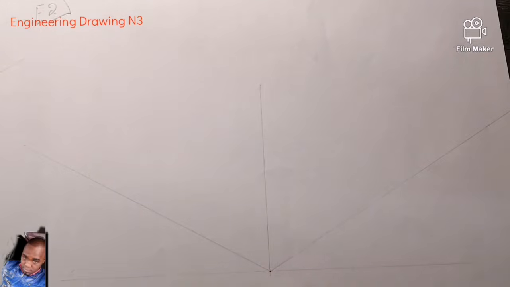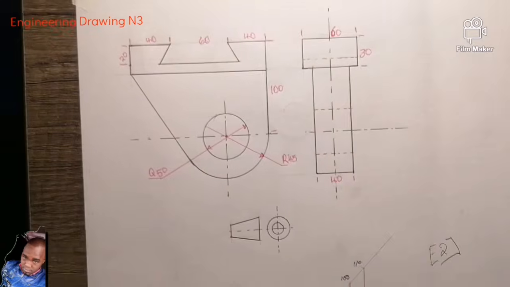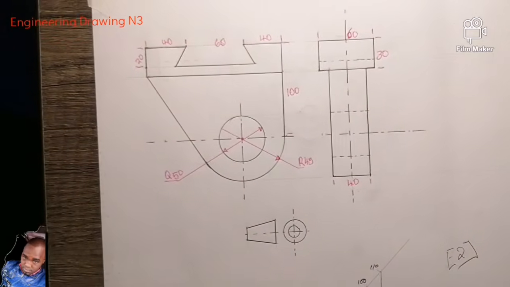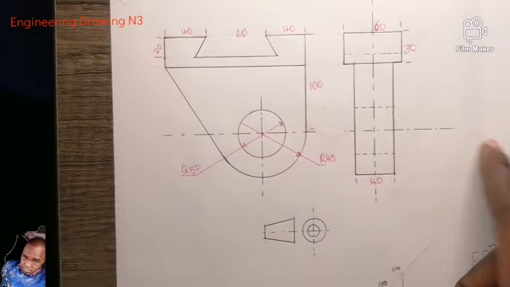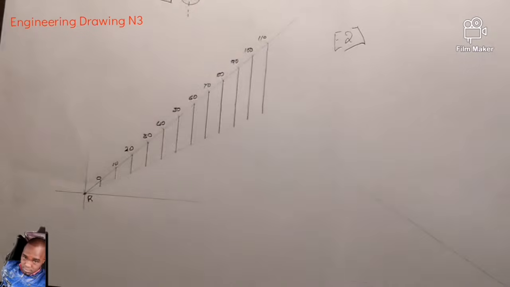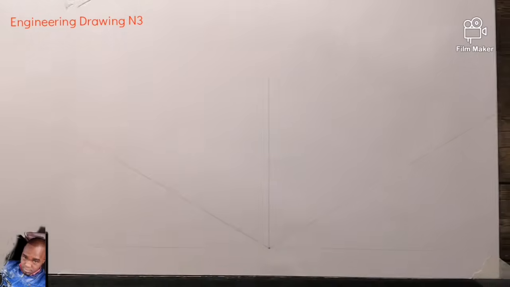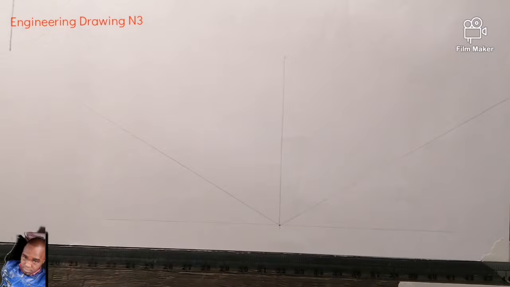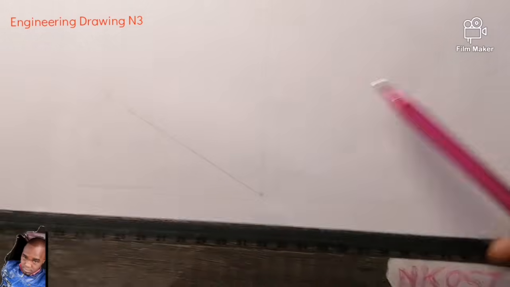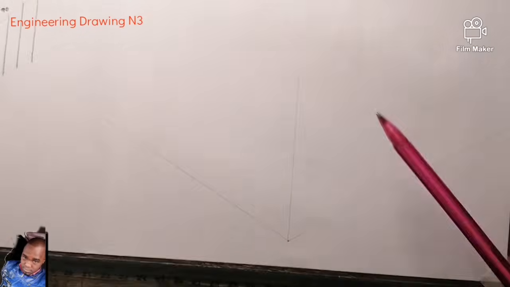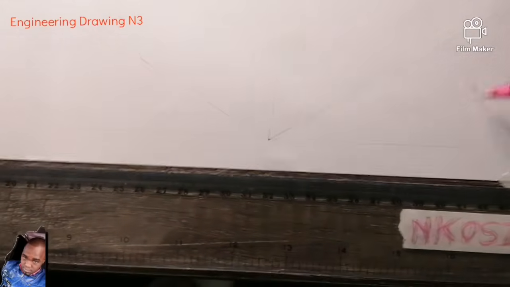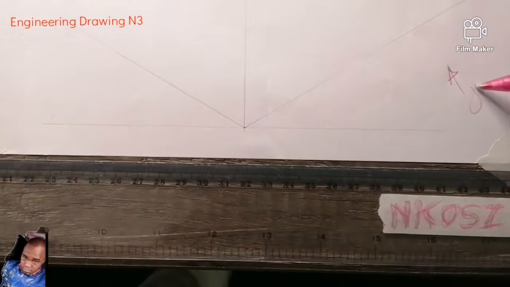Then from there, you come back to your given views to check that I'm actually given the front and the left. What is that supposed to tell me? It's supposed to tell me that from this angle, from this part, I must position the front view.